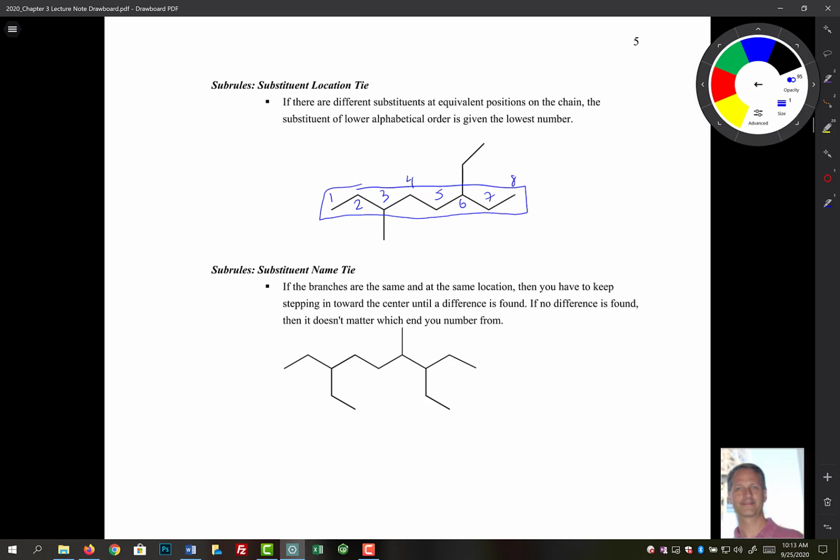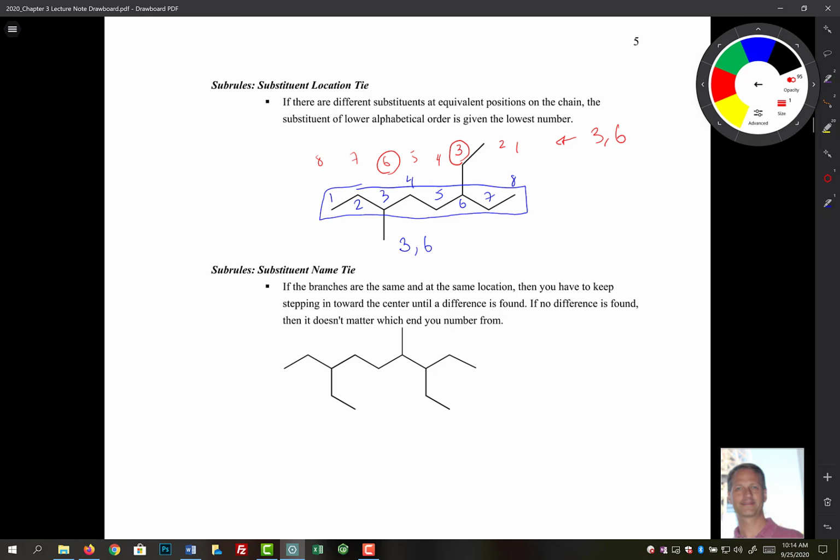If we number from the left in this red numbering, we have something at number 3, and something at number 6. If we number it going the other direction, you'd again have a substituent at number 3 and number 6. So there's a tie there.